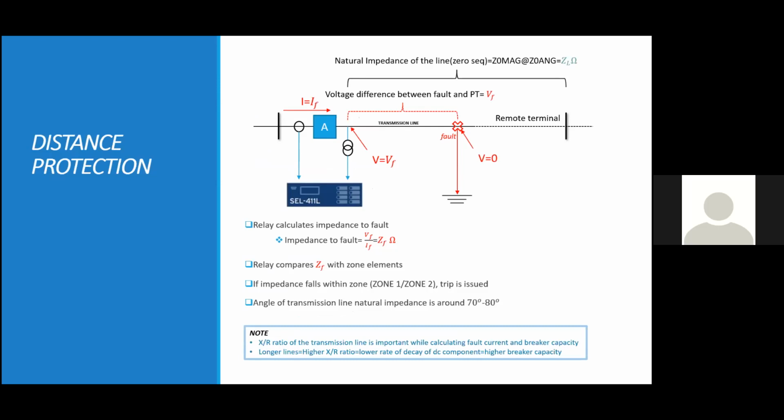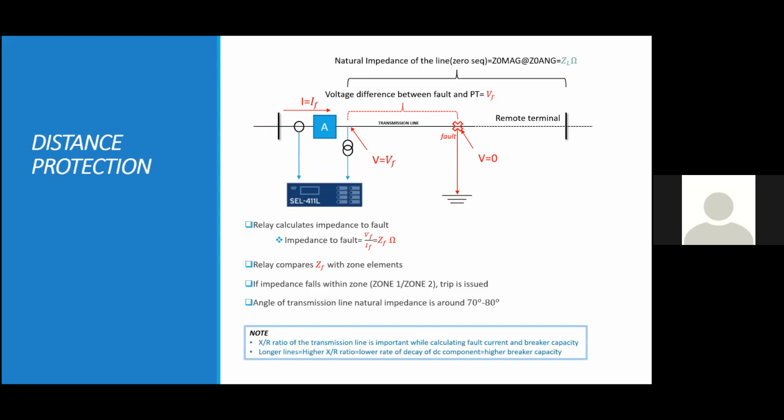So here we take an example to explain how exactly the impedance is calculated. On your screen you have breaker A, which is our local breaker, and you have a transmission line connecting our breaker A to the remote terminal.